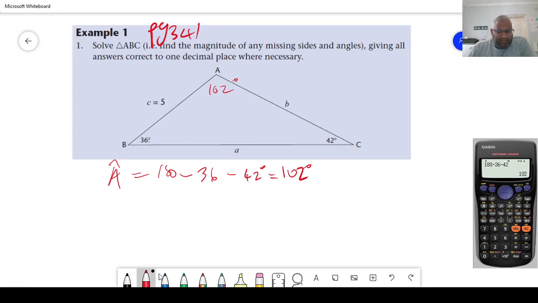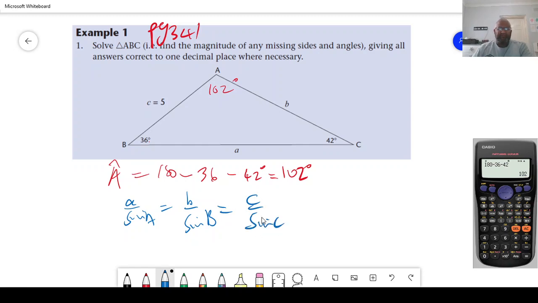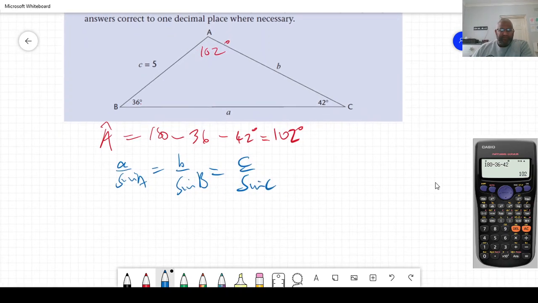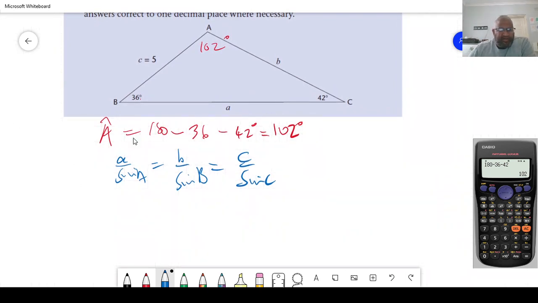Now to calculate one of the sides. Remember this is a non-right angle triangle, so we can work out a over sine A is equal to b over sine B is equal to c over sine C. So a is unknown, so you make a over sine of 102.